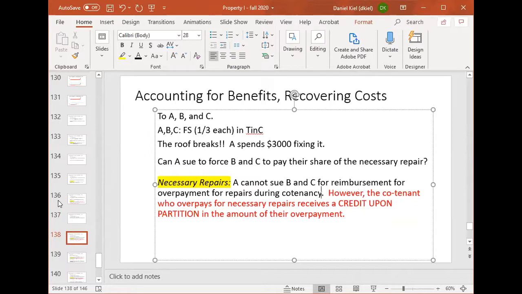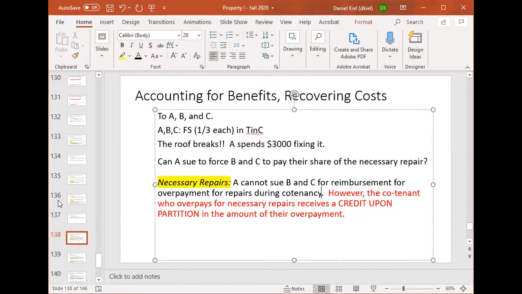They fixed the roof. They spent a full $3,000 out of their own pocket to fix it. They may not even be the one living there, right? It may be leased out, or maybe no one lives there. It doesn't really matter. If A is the repairing co-tenant, they have no right to contribution, no right for reimbursement for overpaying for repair during co-tenancy.